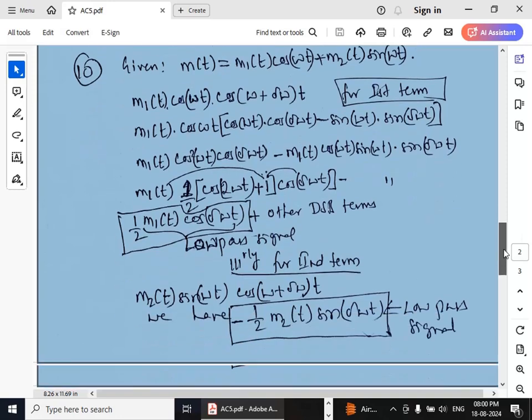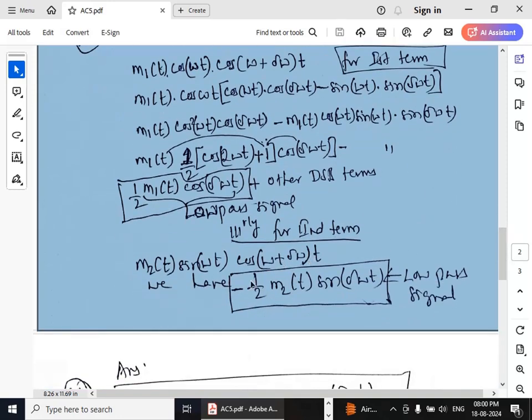Similarly, for the second term, it is m2 sin omega t, and the carrier has a frequency drift of delta omega. We will get a low pass signal, minus 1 by 2 m2 sin delta omega t. So these two are the outputs.